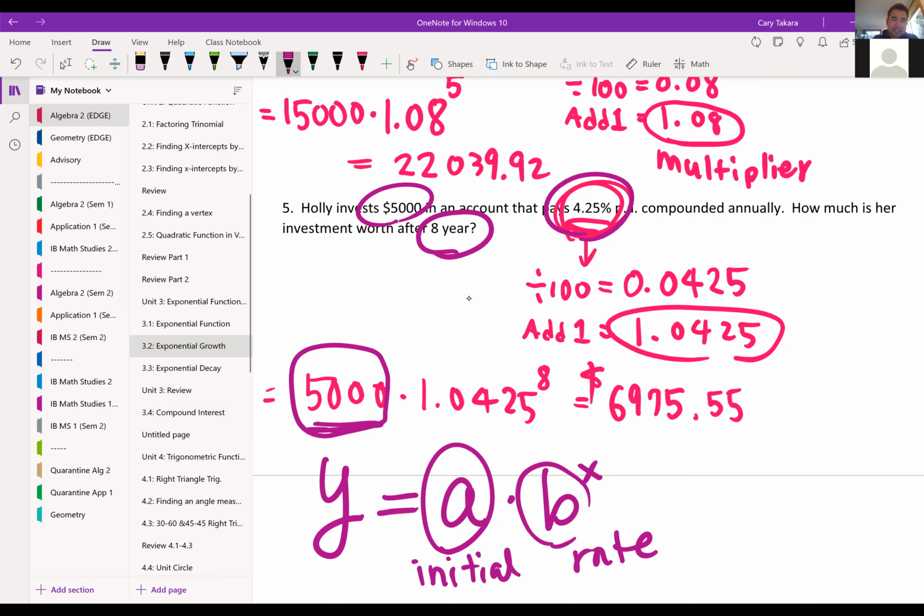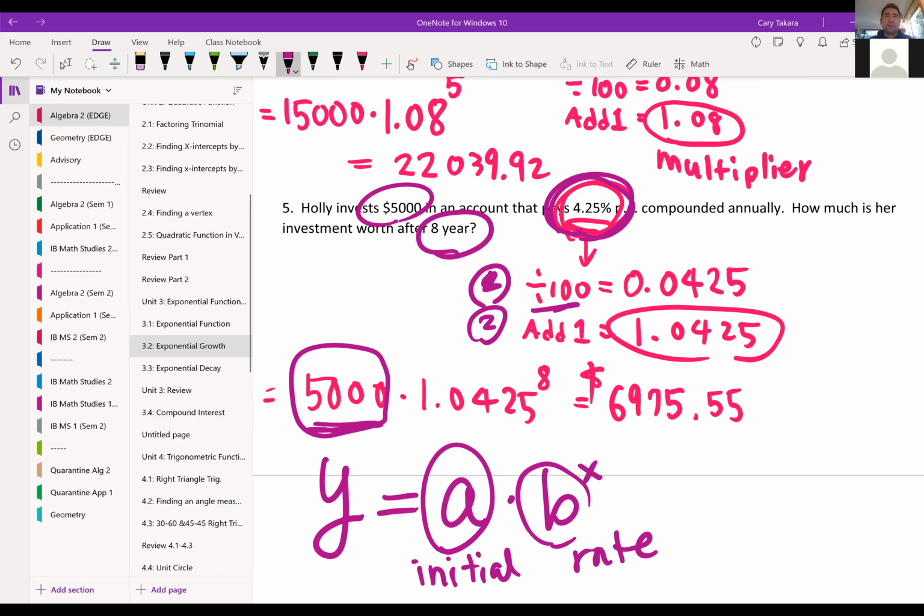Now, in this case, it's 4.25, but you cannot just put 4.25. You have to do something with it. There are two things that you have to do. First, you have to divide 4.25 by 100.